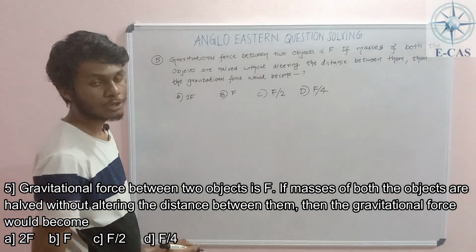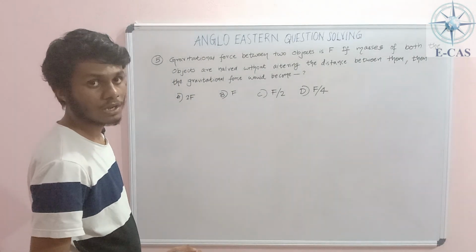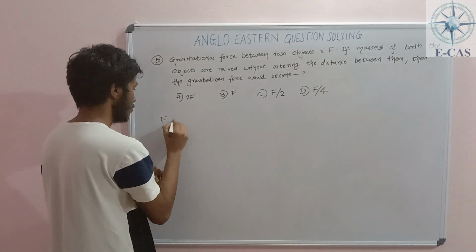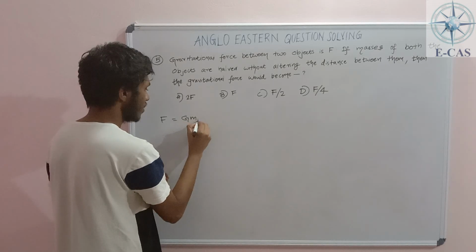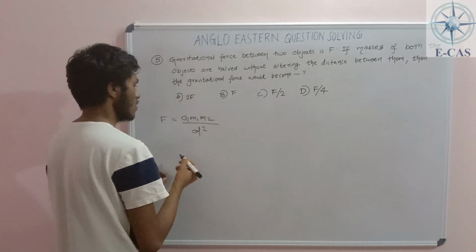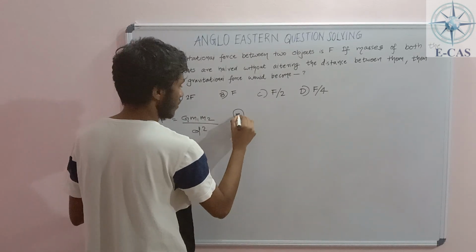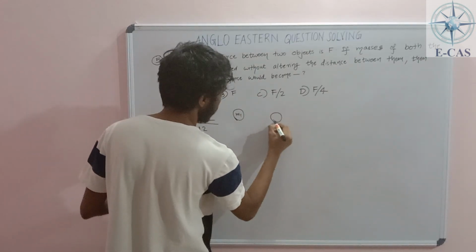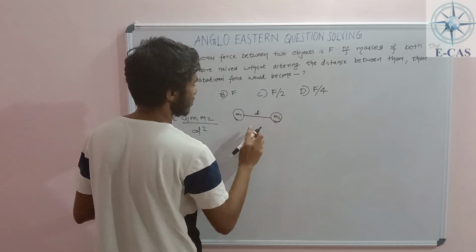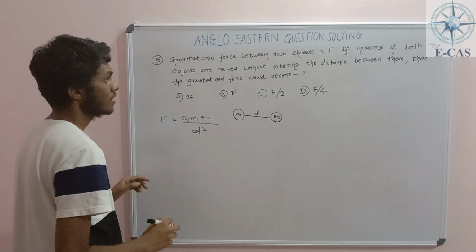We know that from Newton's universal law of gravitation, F is equal to G into m1 m2 by d square, where m1 and m2 are the masses of the two objects and d is the distance between the two objects.